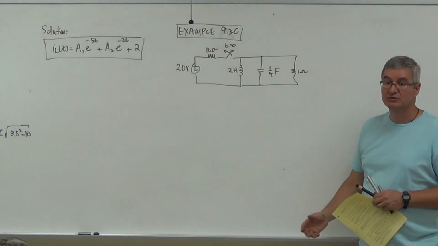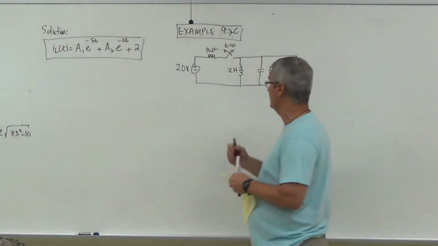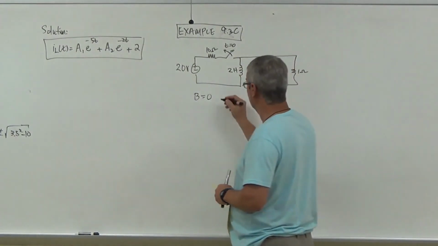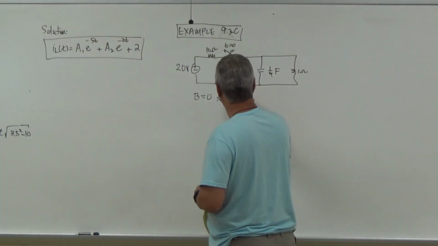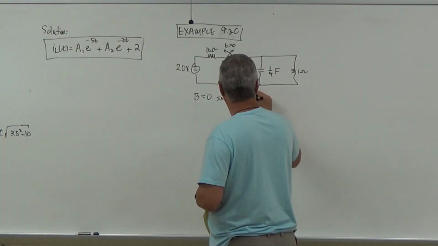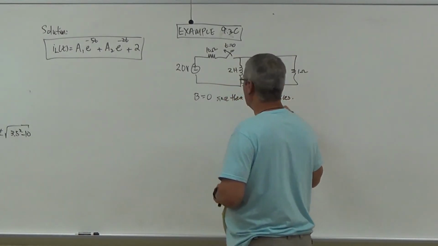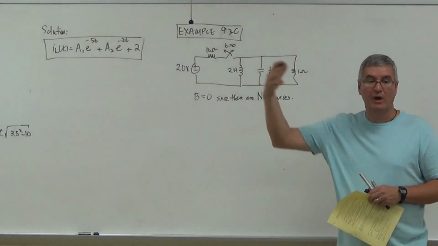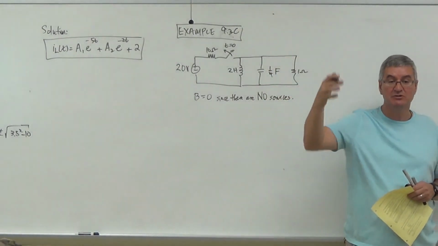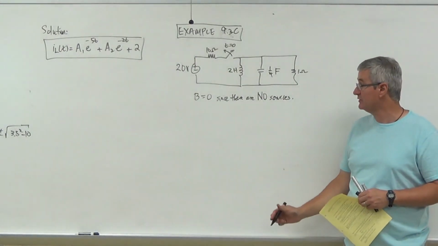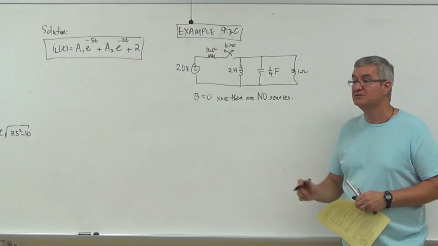If there are no more sources, that means my forced response has to be 0. So when I derive my equation, the right side, the effective source term, has to be 0. No choice. So if I don't get that, I made a mistake.